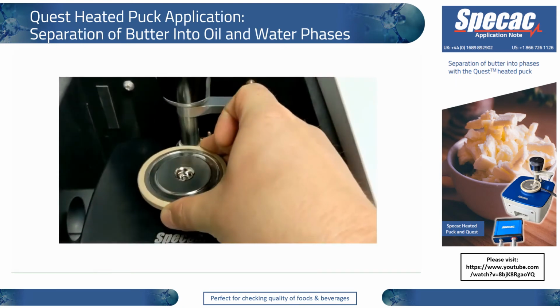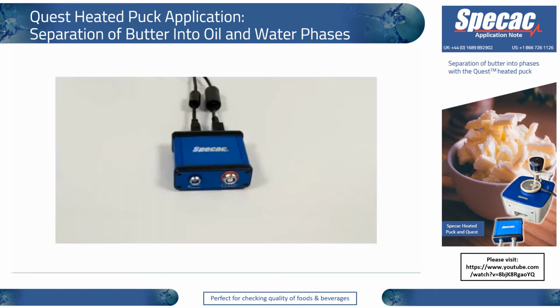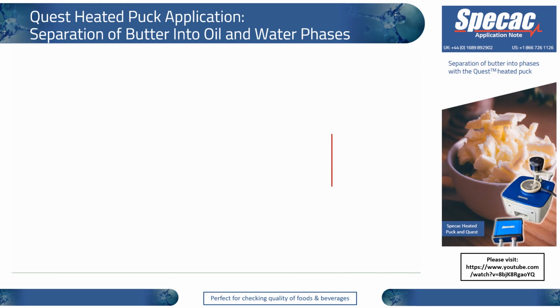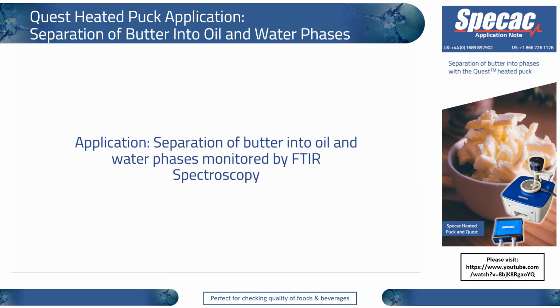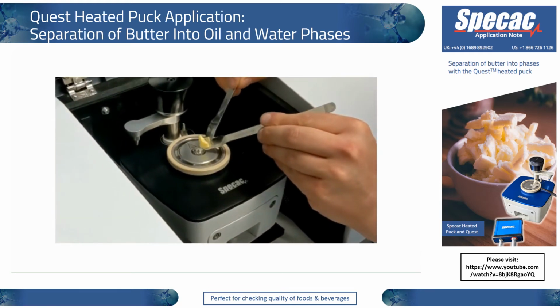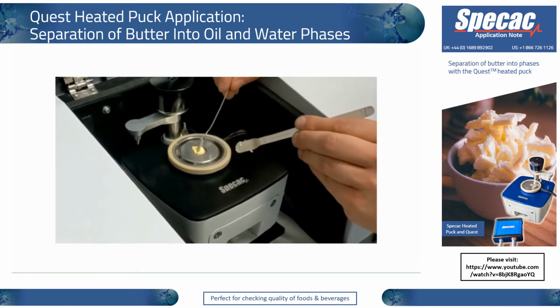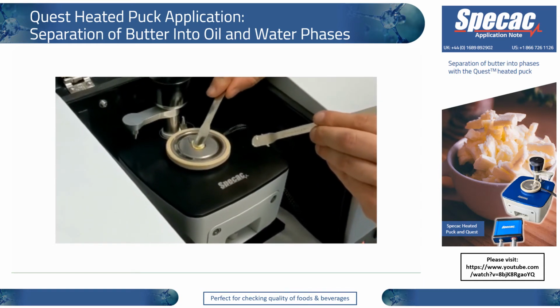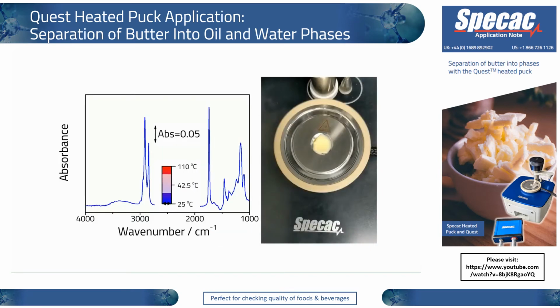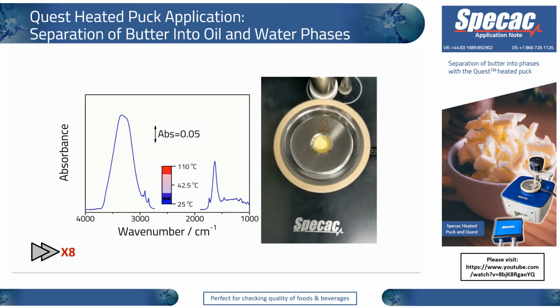The heated puck adapts any Quest family ATR accessory for experiments up to 110 degrees C. Easy sample loading. The butter emulsion melts into two phases, with the water phase on the bottom.